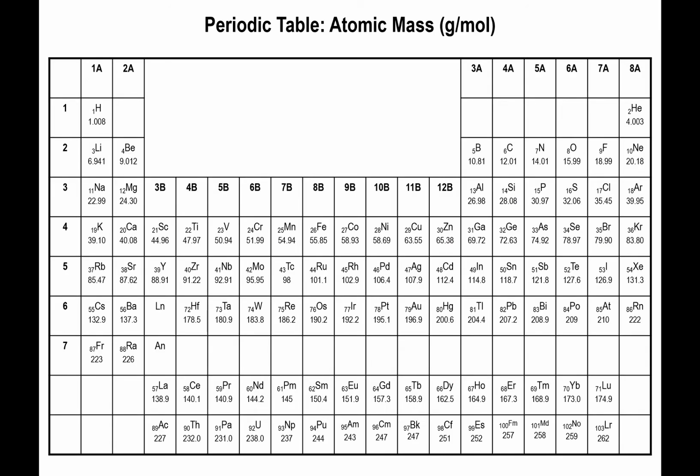Okay, now a few things that I need to remind you of. When you're dealing with the elements in their elemental form, there's 11 elements that actually are present as gases at room temperature. Specifically, we have hydrogen, nitrogen, oxygen, fluorine, chlorine, and the noble gases.